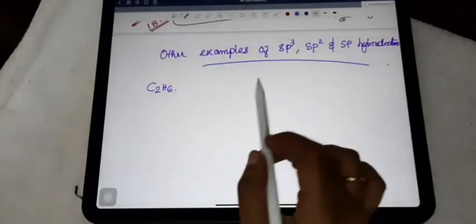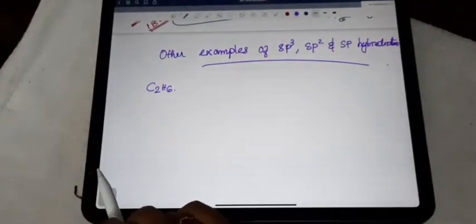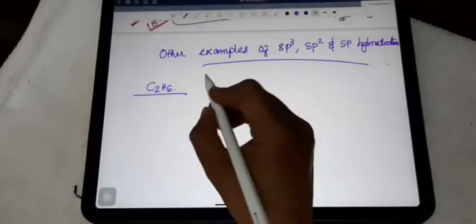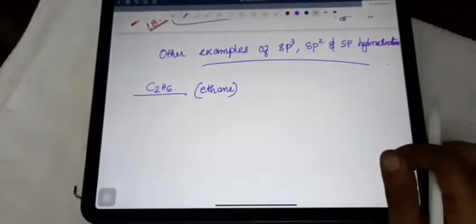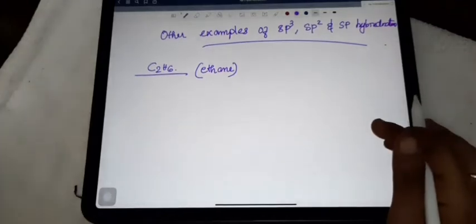We will discuss some other examples of sp3, sp2 and sp hybridization. For that, I took first the ethane molecule. Maybe you know this molecule from organic chemistry last year; you are familiar with the compound ethane. So you also know the structure, CH3 CH3.